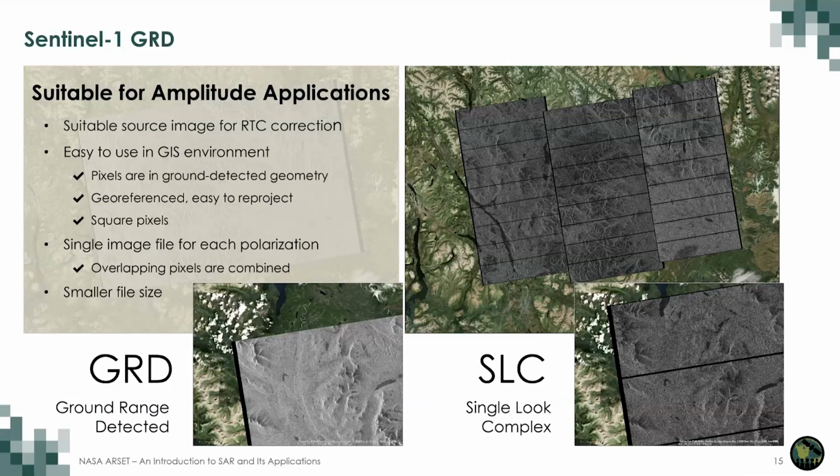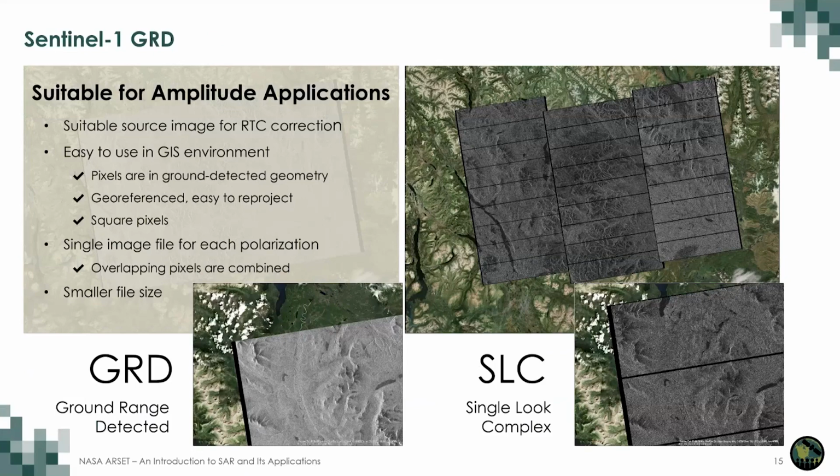But it's important to keep in mind that there are distortions that are inherent to the SAR dataset due to the side-looking acquisition approach. And so if you want to use the GRD data, the amplitude data, in comparison to other data sets like optical imagery or in situ data, you will have to correct for those distortions.